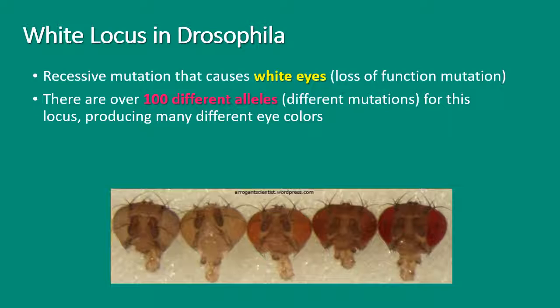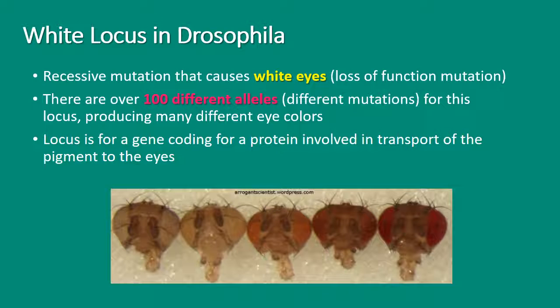There's actually 100 different alleles that all create the same problem, which is that these are different mutations that prevent the pigment from being carried to the eyes. Like I said, this is a transport situation. So this is a protein that actually transports the pigment to the eyes. There are other mutations in the actual creation of the pigments that can lead to white eyes as well. If the pigment's not made, then again the eyes could potentially be white.